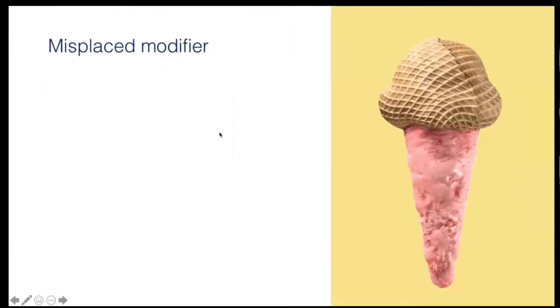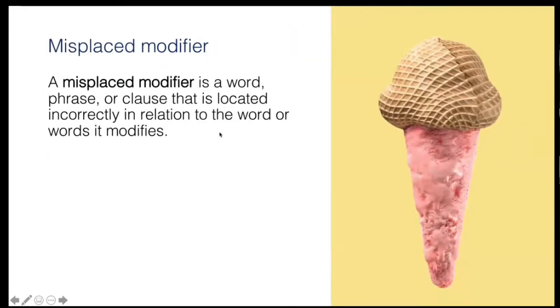So a misplaced modifier, like all other modifiers, can be a word, phrase, or clause, and it's just in the incorrect position, incorrect relative to the word which it modifies. So if you're using a modifying phrase or modifying word, you should always ask yourself, what does it modify? Is it near it or is it far away in the sentence?